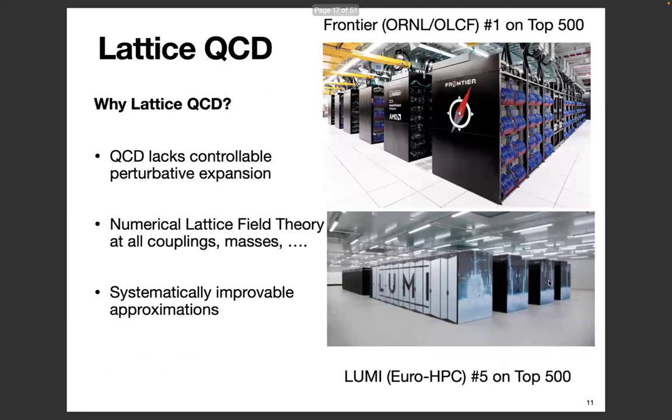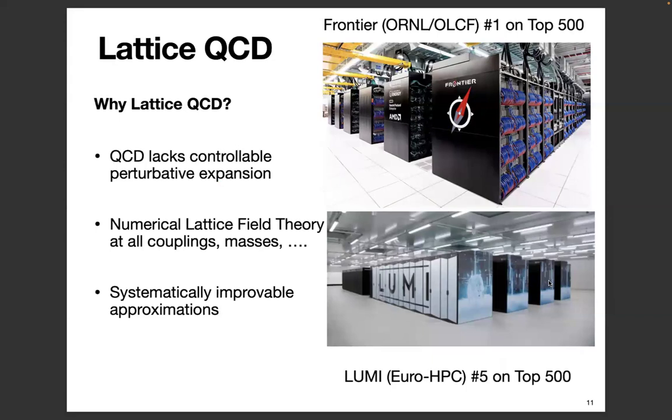All right, lattice QCD. We have big computers. They're cool. They're the fastest computers in the world that we're running these things on. The reason we must use lattice QCD for these sorts of analyses is that the actual observable we're trying to get, this parton distribution function, is intrinsically non-perturbative.